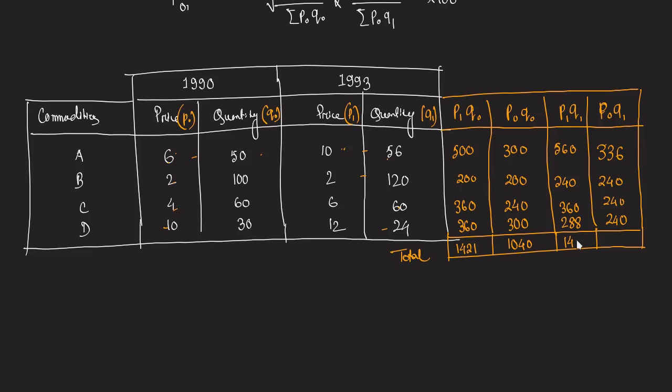This is 1448, and this one is 1056. So this is basically summation P1 Q0. This is summation P0 Q0. This is summation P1 Q1, and this one is summation P0 Q1.